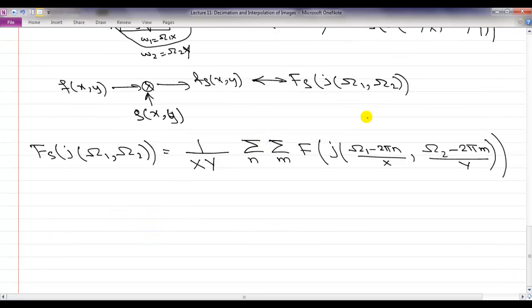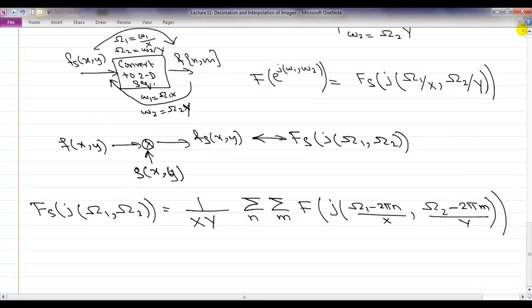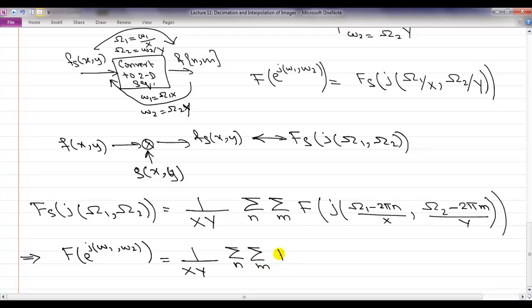So if we now plug in, we already know what the Fourier transform of the discrete sequence is in relation to Fs, and we know what the Fourier transform of Fs is in relation to my original signal. So I can figure out that the Fourier transform of my sequence, which I obtain by sampling every X meters in the x direction and every Y meters in the y direction, is simply given by 1 over XY, summation over n, summation over m, of F at (ω1 minus 2π n over X), (ω2 minus 2π m over Y).